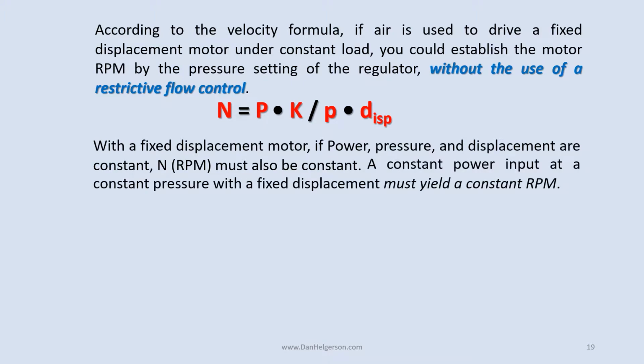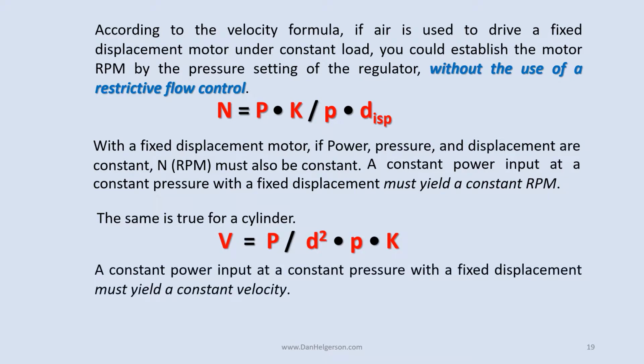A constant power input at a constant pressure with a fixed displacement must yield a constant RPM, and the same is true for a cylinder. A constant power input at a constant pressure with a fixed displacement must yield a constant velocity.